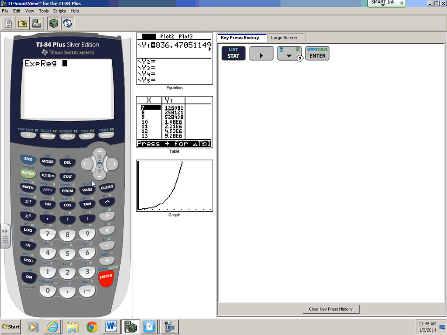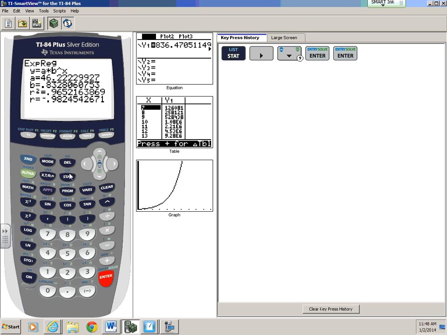So for my exponential, you'll see that R comes up at 0.98, which is negative 0.98. I'm sorry. Gotta watch that negative sign is not very clear there, but you see it. And that makes sense because as the months go up, the weight goes down, so it's a negative relationship. And actually what it would represent if it's exponential is exponential decay.